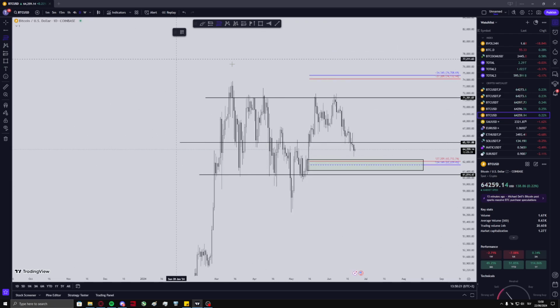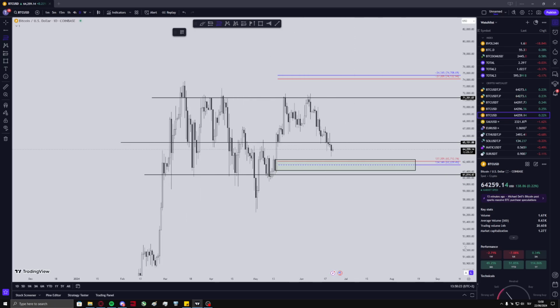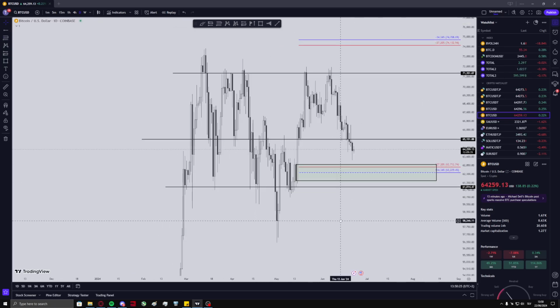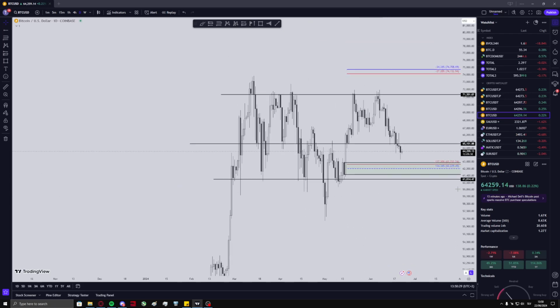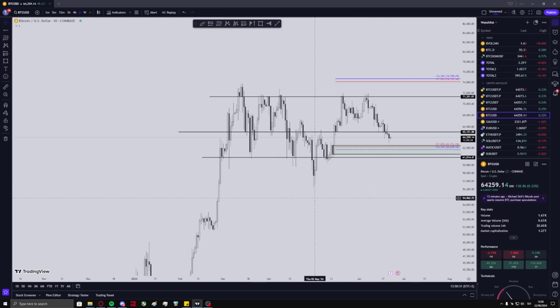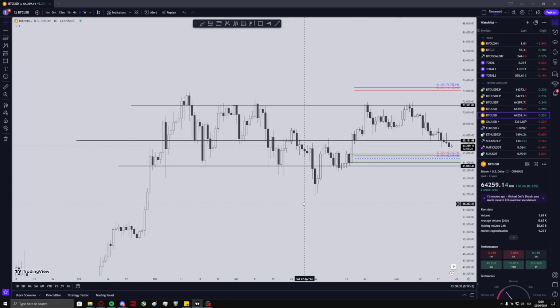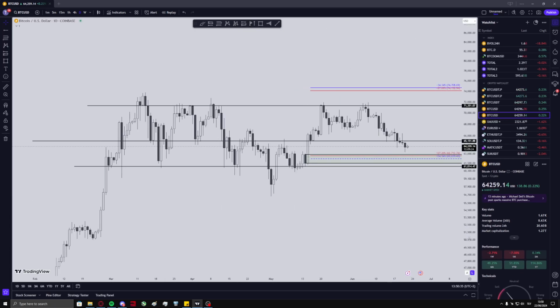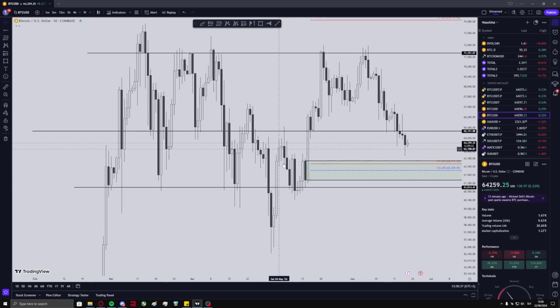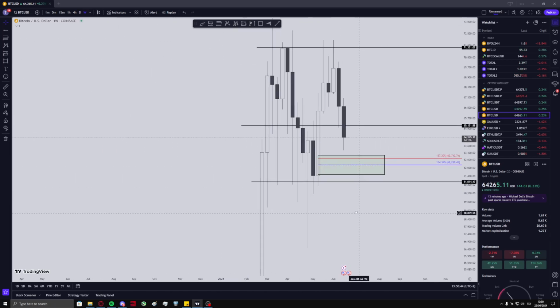Okay, now let's start with a very simple one, but it's a super powerful one. So let's say you have an order block, right? An order block like this one. This whole area here is, I believe, a weekly order block.